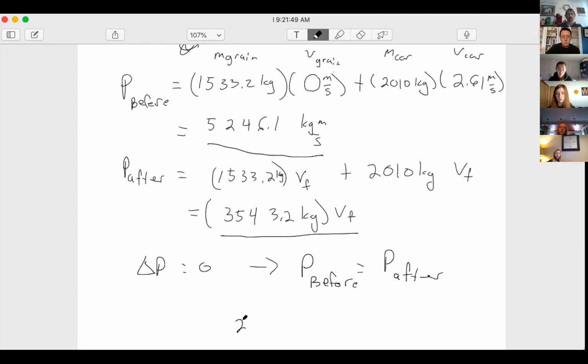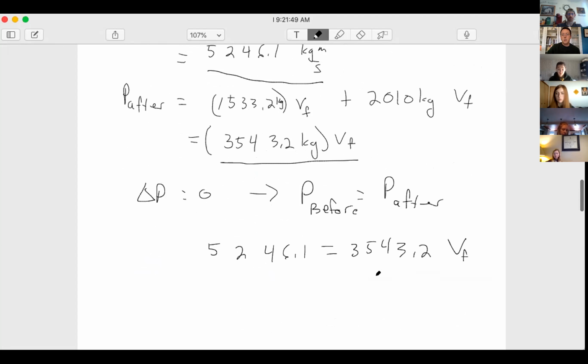So I get 5,246.1 equals 3543.2 times the final velocity. What's happened is the mass has grown, and the velocity is going to compensate by decreasing.